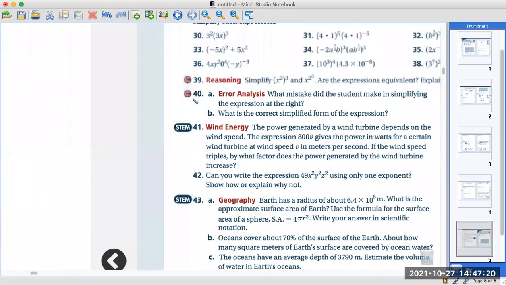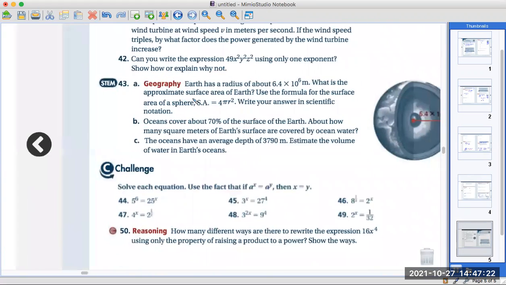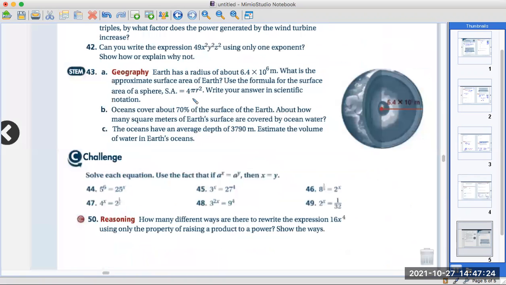It's problem 43, the geography problem. So notice there's a lot of scientific notation. The radius from the Earth is from the center to the outside. This is your radius. What is the approximate surface area of the Earth? So you're squaring your radius. Remember, shower the power.